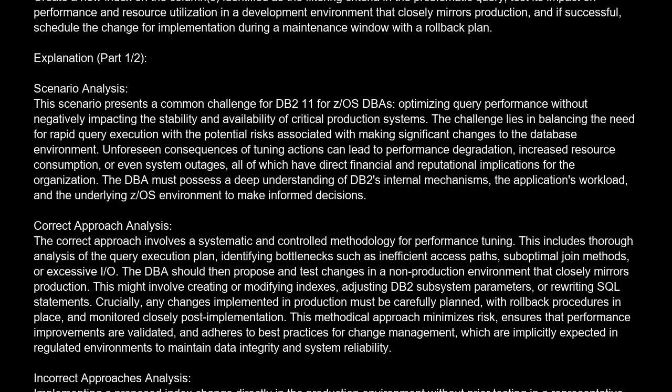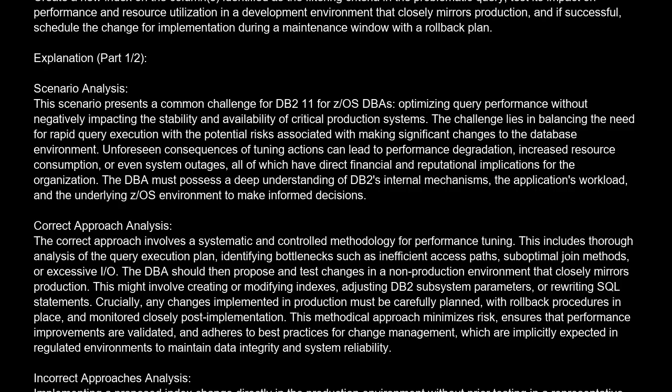Unforeseen consequences of tuning actions can lead to performance degradation, increased resource consumption, or even system outages, all of which have direct financial and reputational implications for the organization. The DBA must possess a deep understanding of DB2 internal mechanisms, the application's workload, and the underlying z/OS environment to make informed decisions.